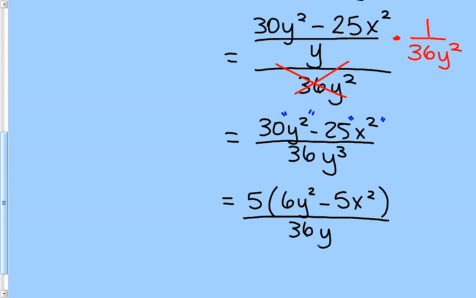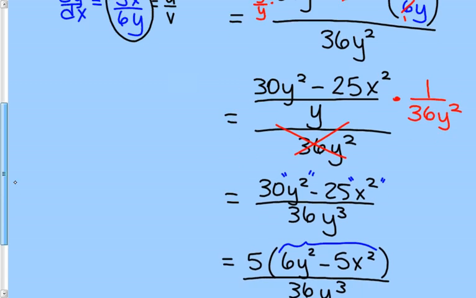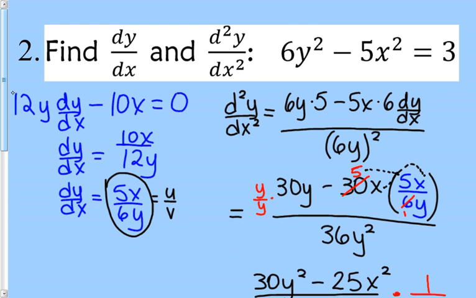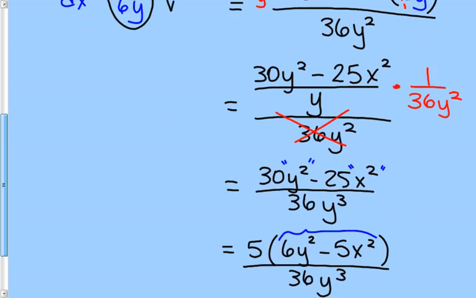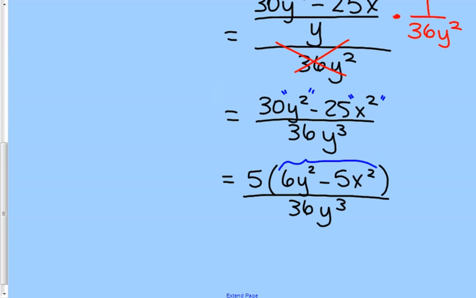Okay, now, the whole purpose of that was this stuff right here. That is the original equation. Go back up, 6y squared minus 5x squared. So, looky. The original equation was 6y squared minus 5x squared. And it equaled 3. So I can use substitution. I can remove the original equation and replace it with a 3. Okay, so 5 times 3 over 36y cubed.